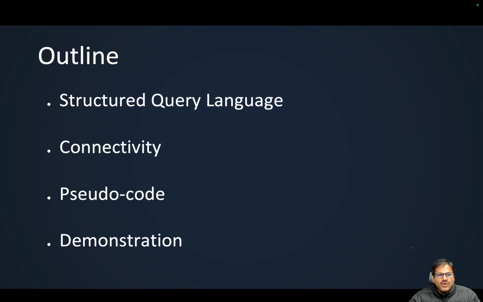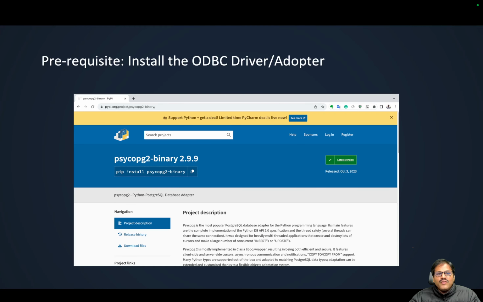We now look at the pseudocode for connecting to the database and accessing the data. Before we look at accessing the data in a database, we first need to download and install the ODBC drivers or adapters.